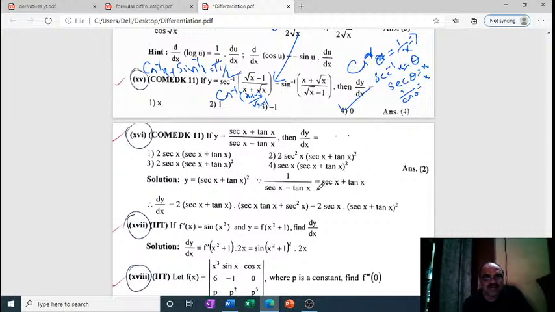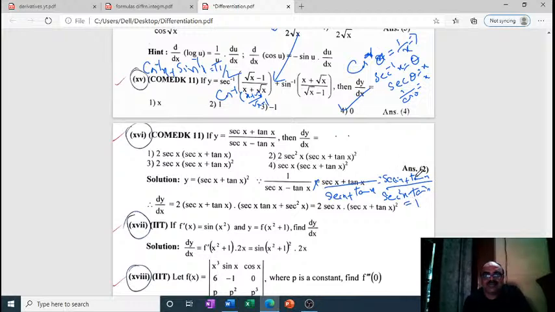Secant x plus tan x divided by secant x minus tan x, into secant x plus tan x by secant x plus tan x, you did. This is equal to secant x plus tan x divided by secant x plus tan x into secant x minus tan x, which is secant square x minus tan square x, which is 1.